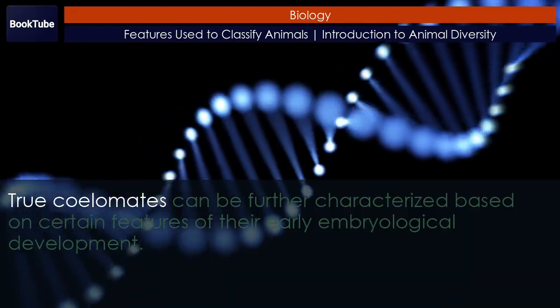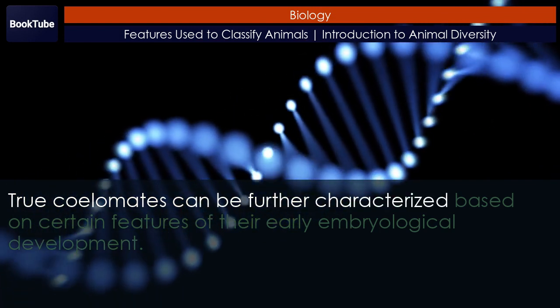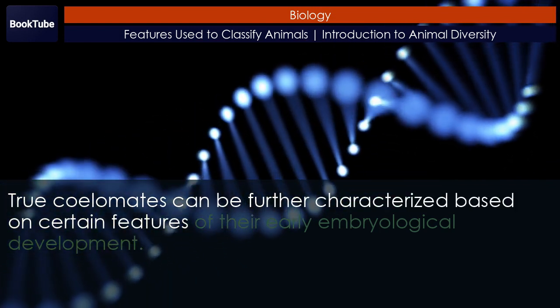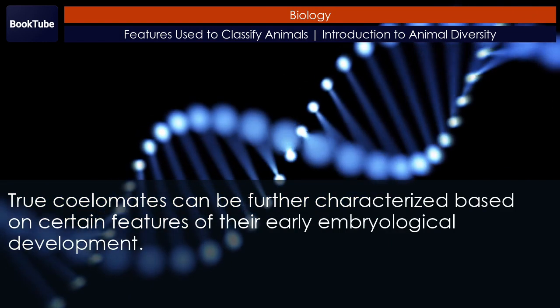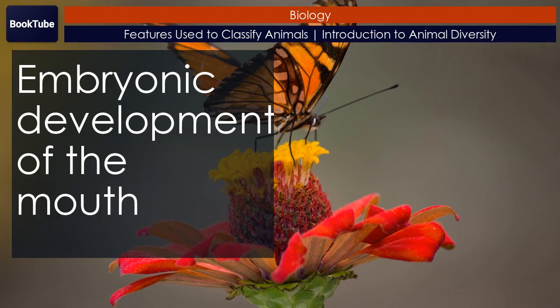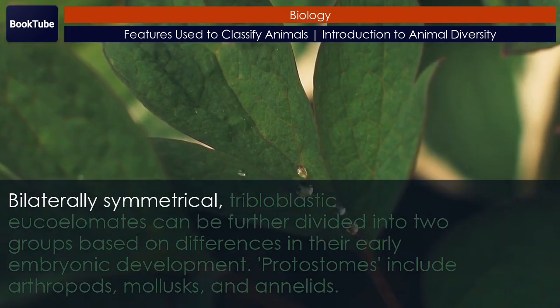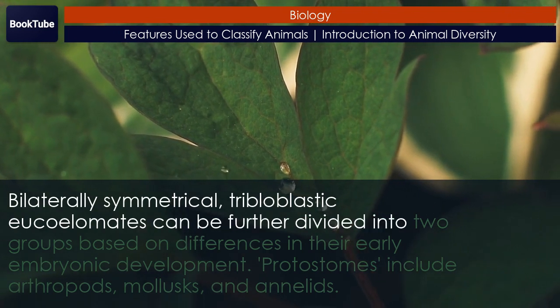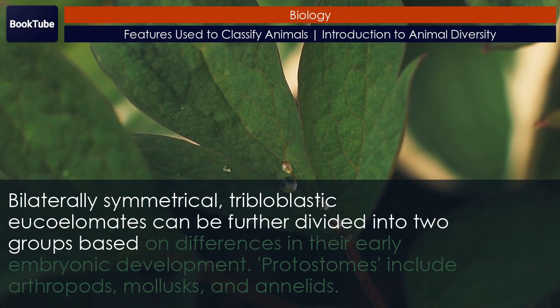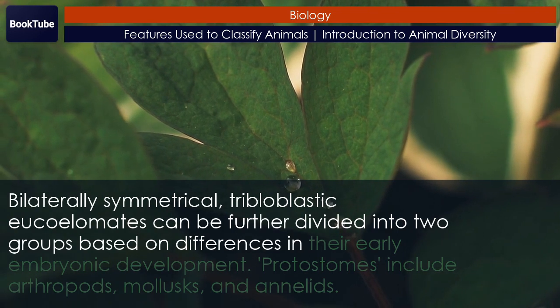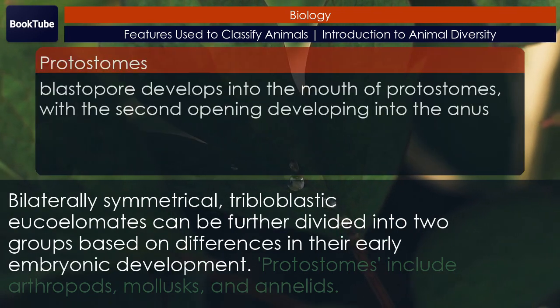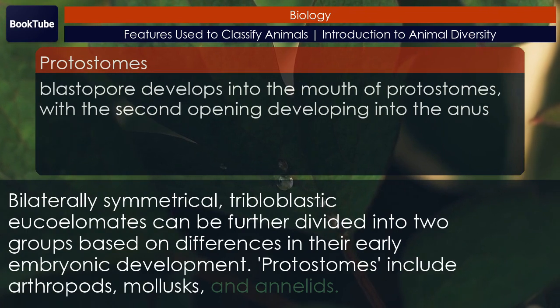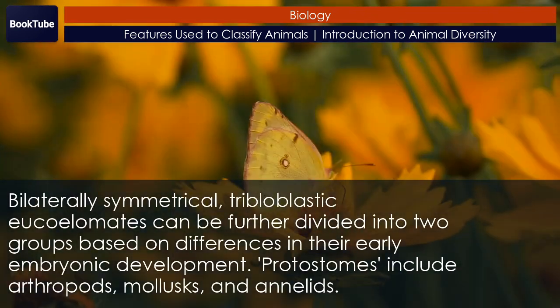True coelomates can be further characterized based on certain features of their early embryological development. Embryonic development of the mouth. Bilaterally symmetrical triploblastic eucoelomates can be further divided into two groups based on differences in their early embryonic development. Protostomes include arthropods, mollusks, and annelids.